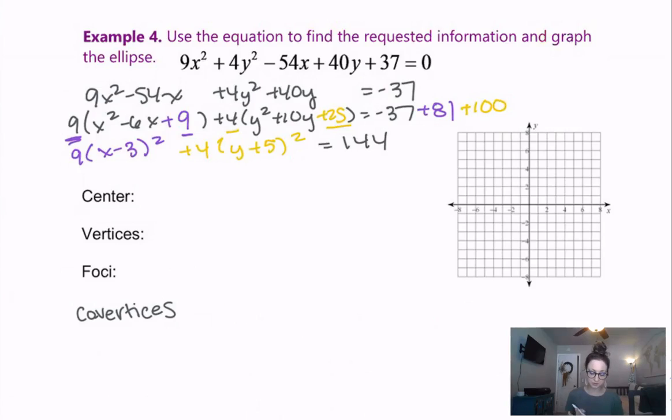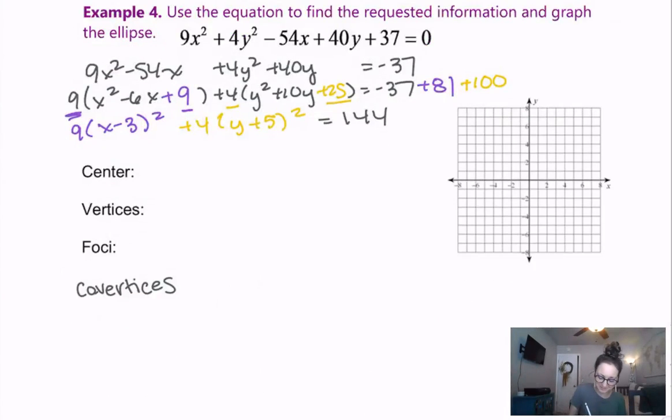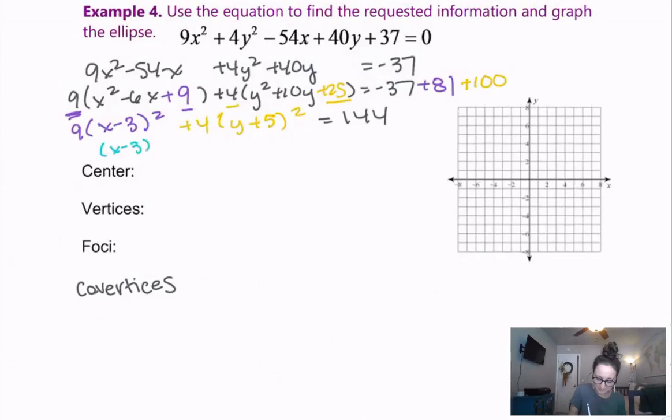Just be real careful because your left side of the equation actually has two terms. So you've got this term and this term. So think about when you divide, how many times 9 goes into 144 and how many times 4 goes into 144. All right, so when I divide here, I've got x minus 3 squared. 9 over 144 reduces to 1 over 16.